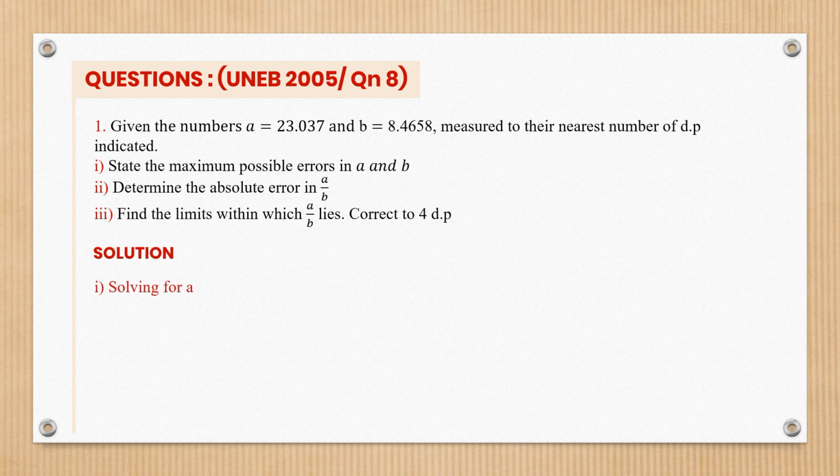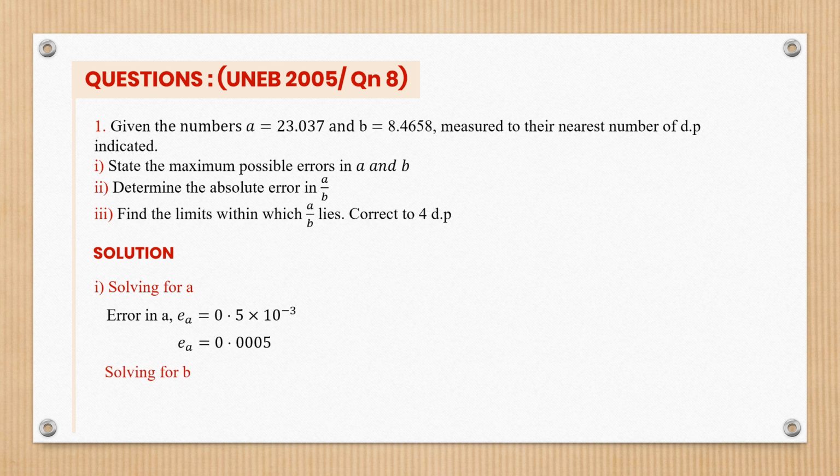Now let's look at a alone, and first find the error in a. So error in a, EA, we're going to use EA this time. Remember, you can have it as delta A or sigma A, it doesn't matter. We're going to have EA equal to 0.5 times 10 to the power negative 3, because it is to 3 decimal places, so the error in a shall be 0.0005.